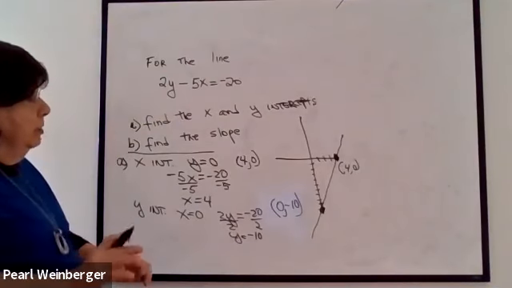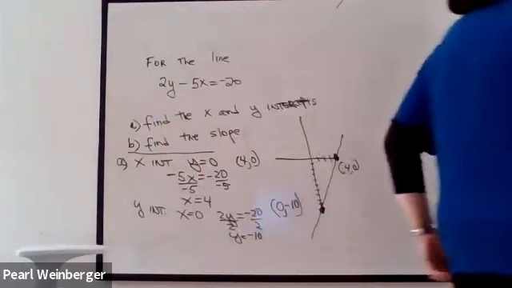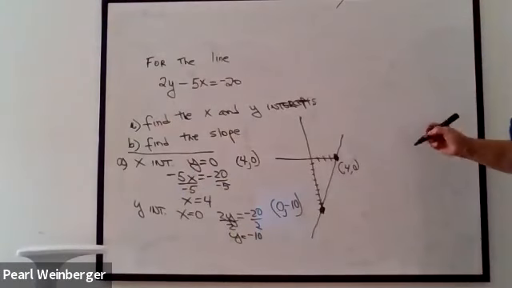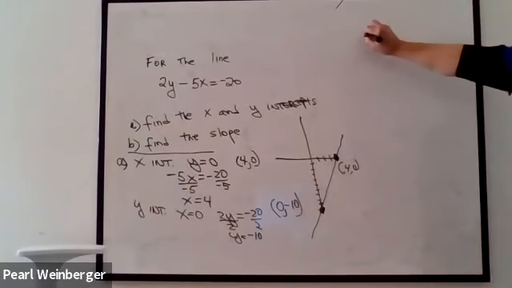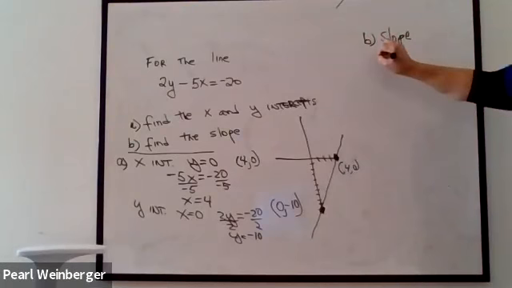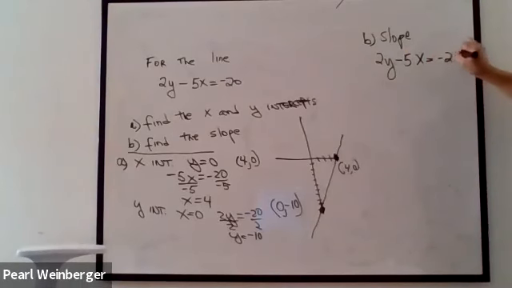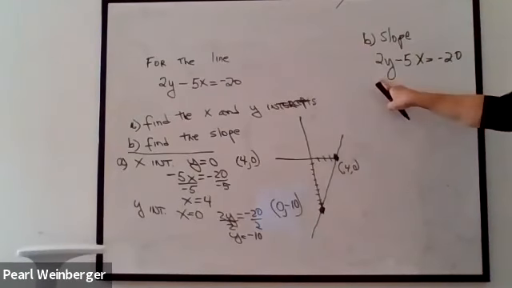Okay, so now let's go to question B of this equation. B asked us to find the slope of the line. When you're given the equation of a line, the way to find the slope is to solve for y.